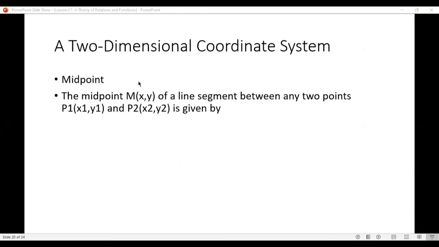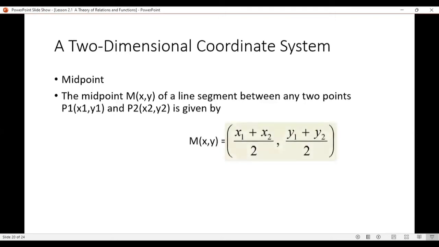Okay, next, under pa rin ng Cartesian plane, yung tinatawag nating midpoint. So, the midpoint M of a line segment between any 2 points, P sub 1 with coordinates x sub 1, y sub 1, and P sub 2 for the second point, x sub 2, y sub 2, is given by, ito yung gagamitin nating formula to locate the midpoint.